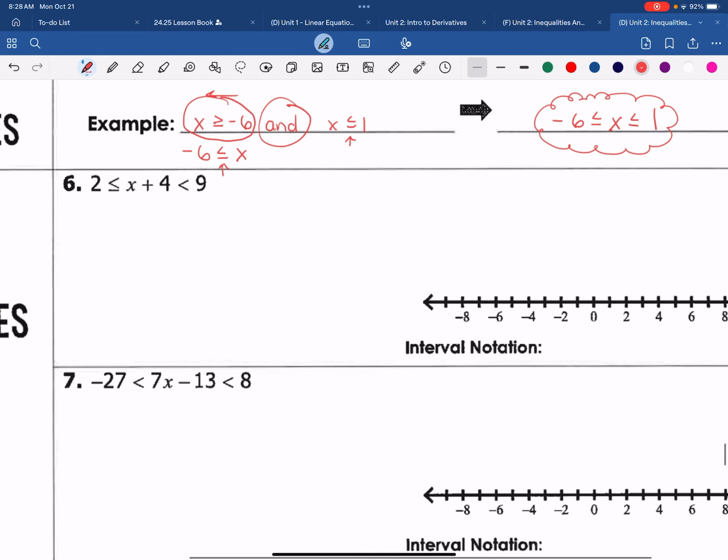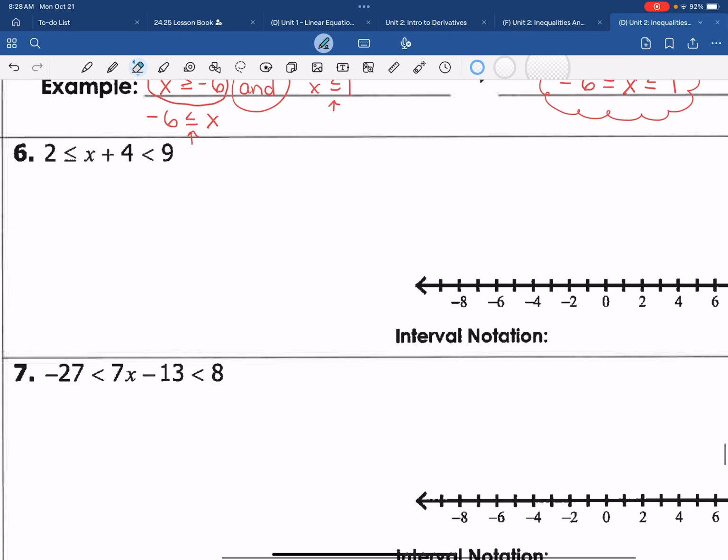So let's take a look at an example of that. Here we have an example of two inequalities written in one. I have the inequality x plus 4 is less than 9, and then I also have the inequality 2 is less than or equal to x plus 4. We could solve these separately.